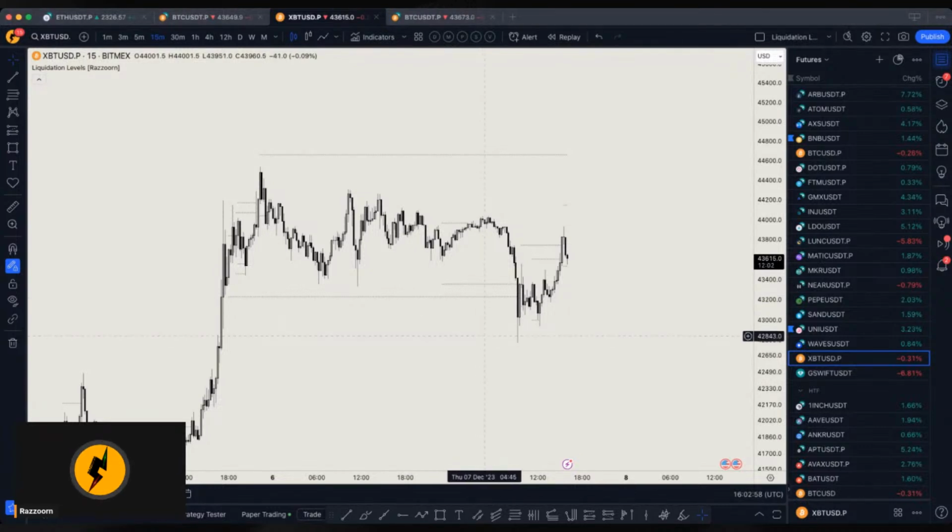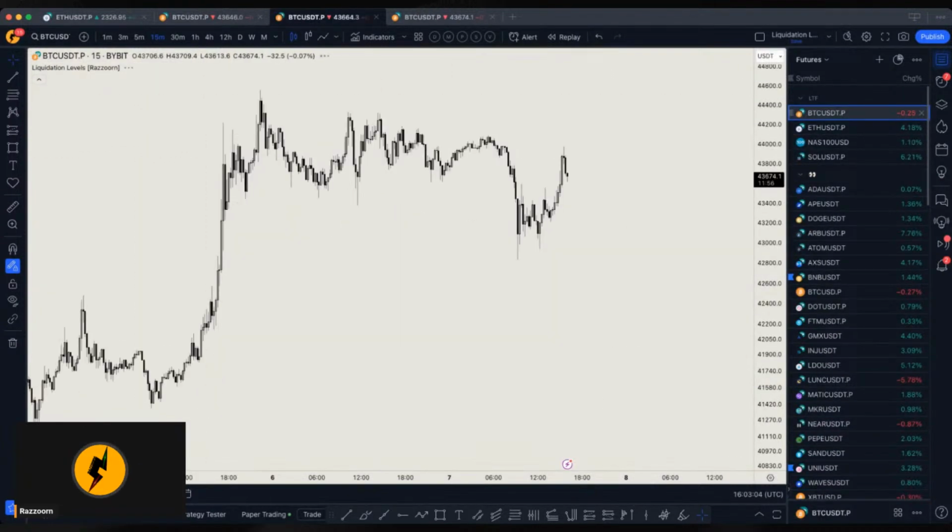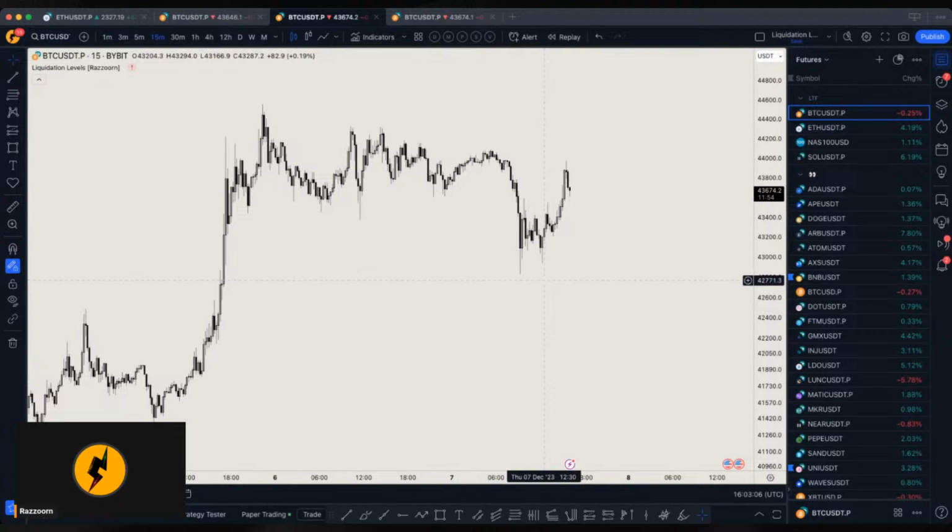All right. So when you add the indicator on your chart, you should be careful because you have to use a chart which has the open interest data available on TradingView. For some reason, some exchanges don't provide open interest data on TradingView, like Bybit.